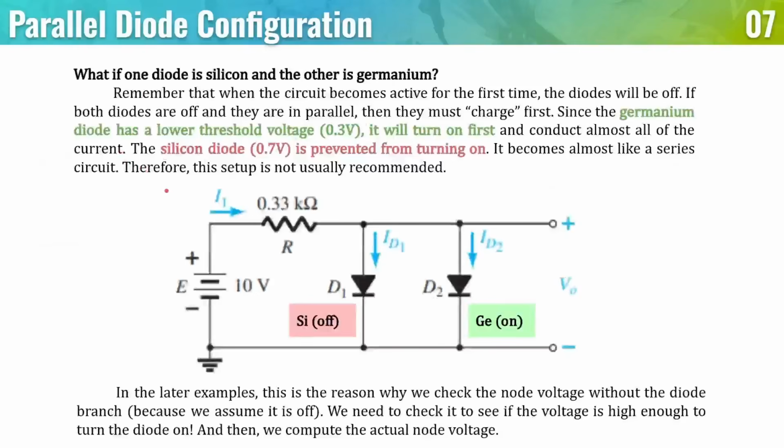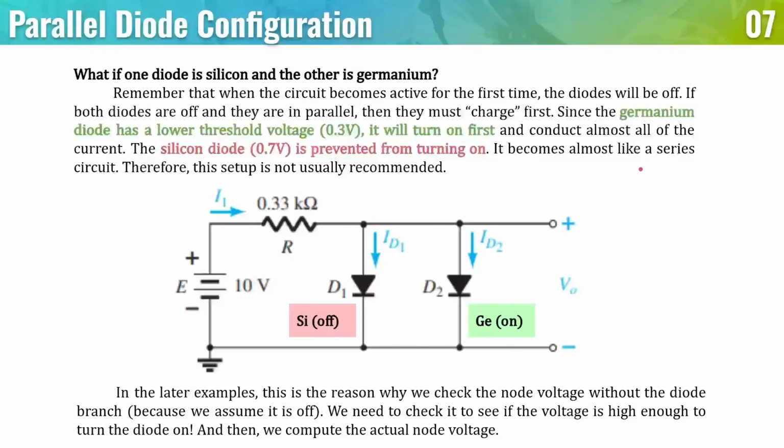So here is what I mentioned earlier. What if one diode is silicon and the other is germanium? Remember that when the circuit becomes active for the first time, the diodes will be off. If both diodes are off and they are in parallel, then they must charge first, from 0, 0.1, 0.2, 0.3, and so on.